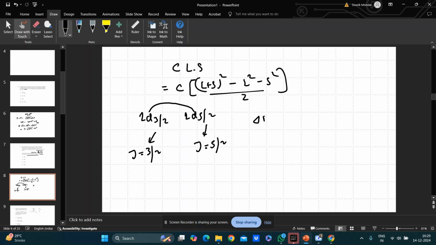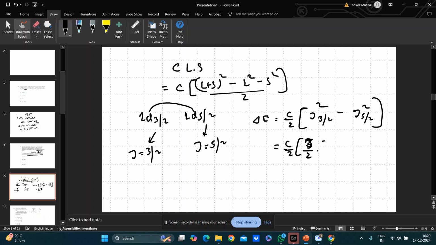So delta E is equal to C by 2 into j(j+1) for 3 by 2 minus j(j+1) for 5 by 2, that is 3 by 2 into 5 by 2 minus 5 by 2 into 7 by 2, which is C by 2 into 5 by 2 into minus 2, that is minus 5C by 2, which is 5 MeV.